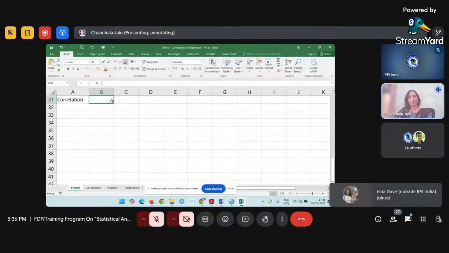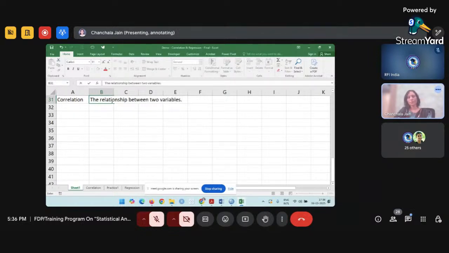Correctly, ma'am said, when I talk about correlation, it is nothing but telling us the relationship between two variables, right? So whenever you're interested to find whether two variables are related to each other or not, we are using the correlation concept, right?